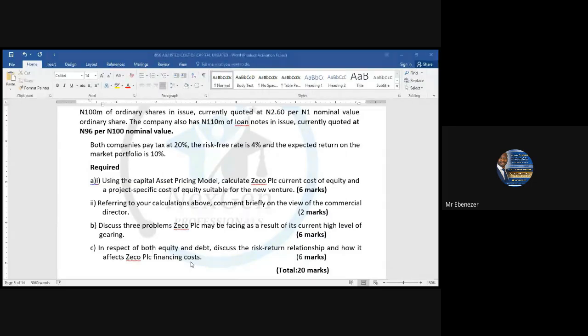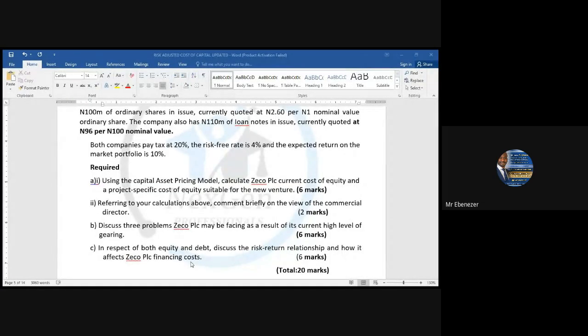Let me quickly tell you something: when you use a cost of capital that does not include risk to discount a project, most likely the project will have a positive NPV, because you've not factored in risk.